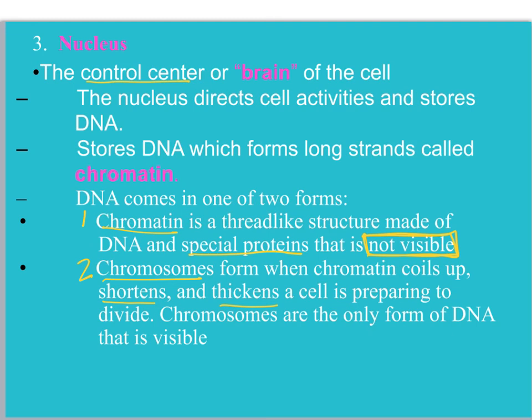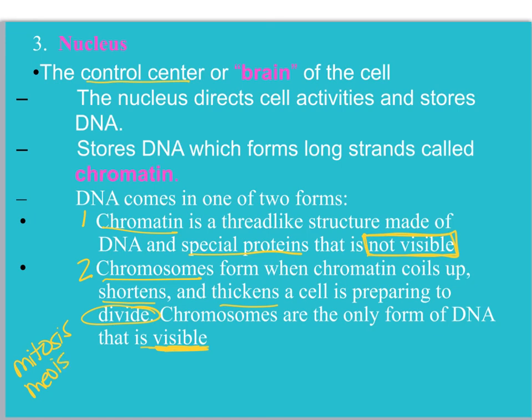When this happens is when the cell's getting ready to divide. So when one cell is preparing to become two cells. So the only time you can see DNA is when it is in chromosome form. So this is when it's preparing to divide. If you've ever heard of mitosis or meiosis, that would be when it's chromosomes.